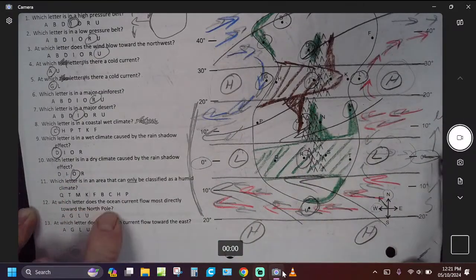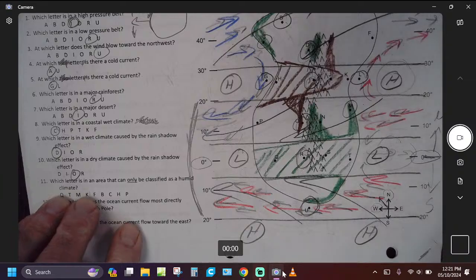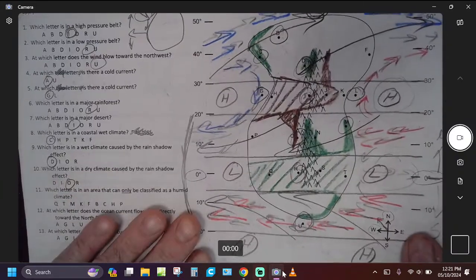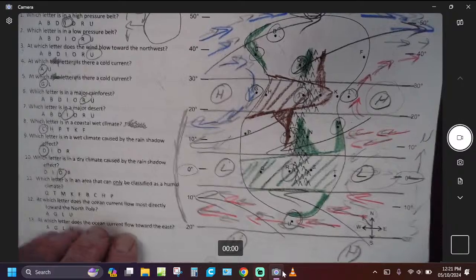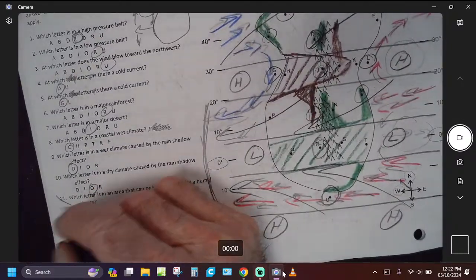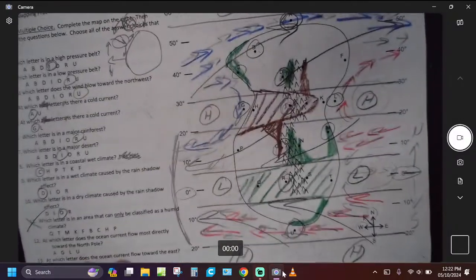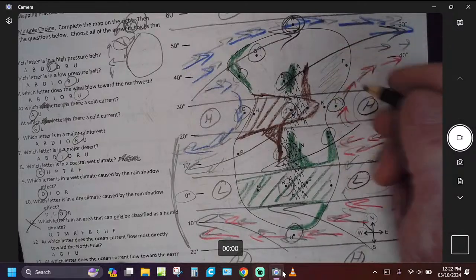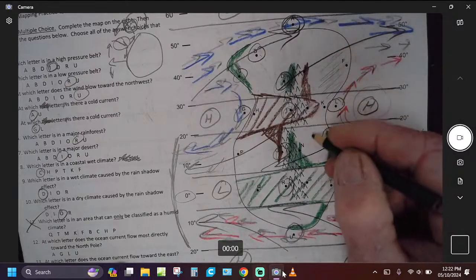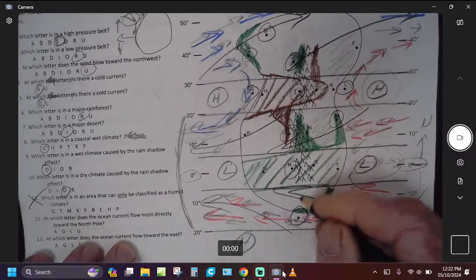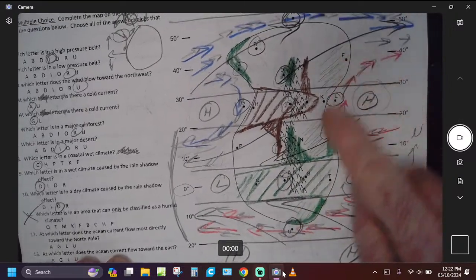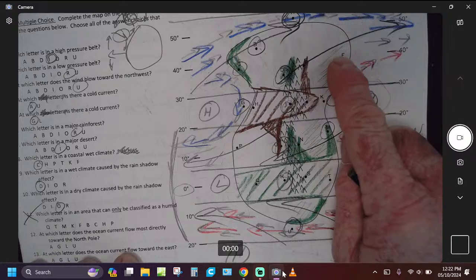And this other thing, the humid business, I think I was telling you that we're not doing it this year, so you can cross out that one. But all these areas over here that are next to this warm water, if they're not something else, they'd be kind of humid. This is like the east coast of the United States. It's humid all along the east coast.